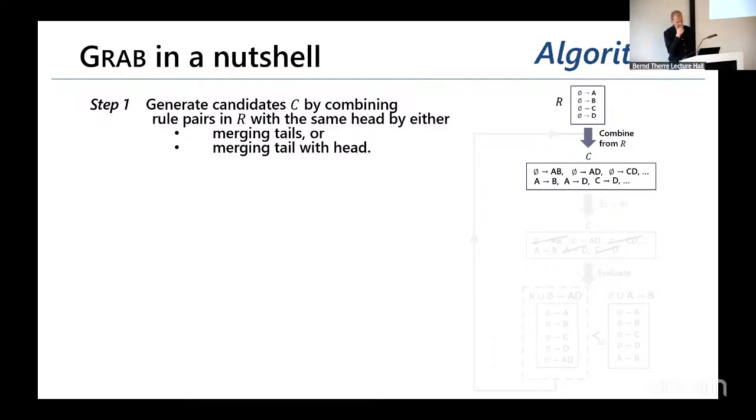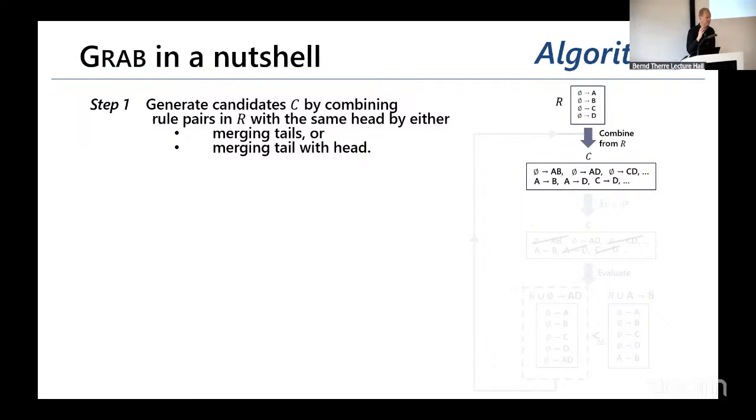Okay, now, do we want to test all of those? No, and definitely not in every iteration. Why don't we want to do this? Because for every candidate, we have to make a pass over the data and cover every record, which is very costly.